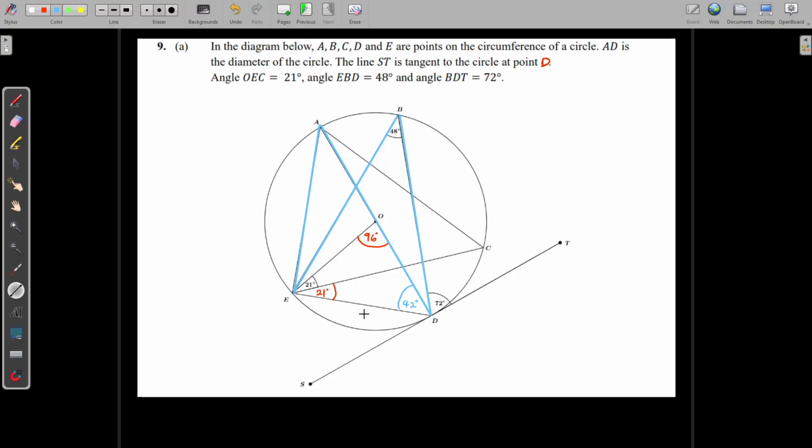So angles formed by the same chord that touches the circumference, or angles in the same segment formed by the same chord, are equal. So there are different wordings for the theorems. So if that is 48 here, this would be 48 as well.